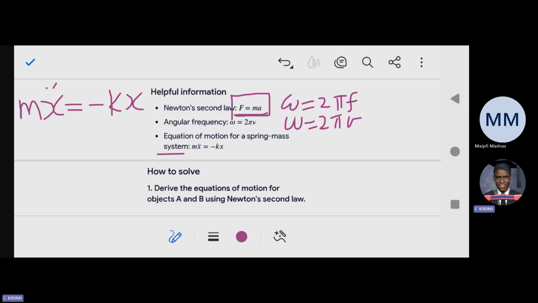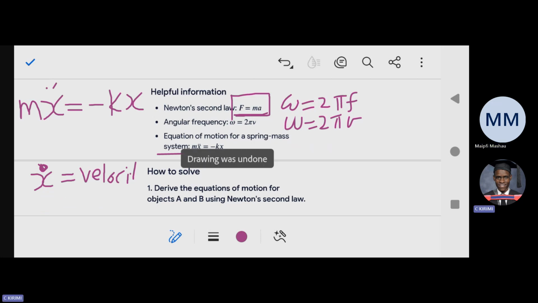When you differentiate position once, you get velocity. When you differentiate velocity, which means now it's double dots, you get acceleration. So the first derivative is velocity, and the double derivative is acceleration. Now I get it.